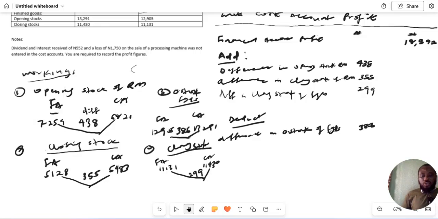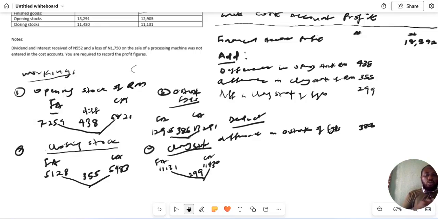So what else do we have to check out? We are told that dividend and interest received. So we earned dividend and interest, number 4. It means that we have recognized the dividend and interest received in the P&L account. So what do we need to do? We have to deduct this from the FA profit so that we can be in tandem with the CA profit.